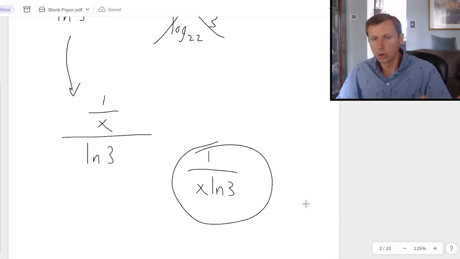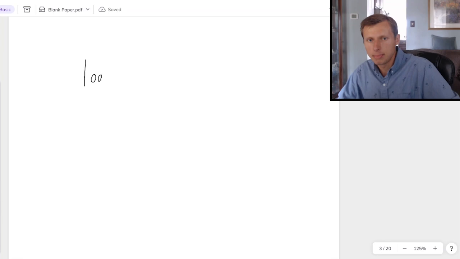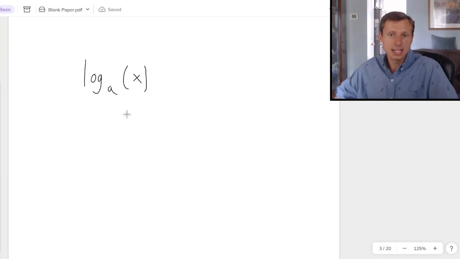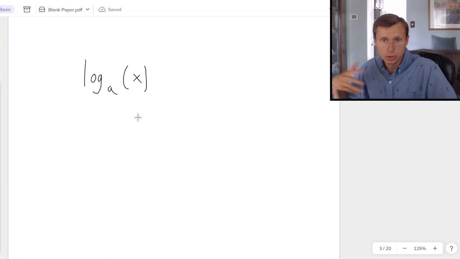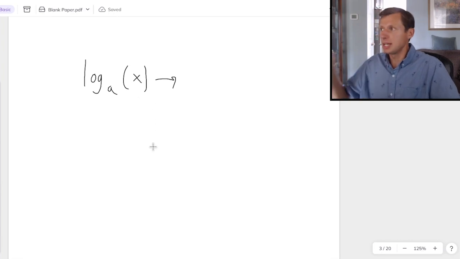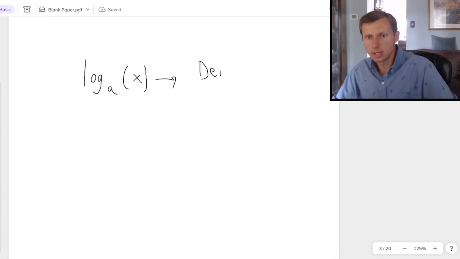Now again, that was the long way involving the change of base formula. The shortcut way that I'm going to tell you now, you don't need the change of base formula. You literally just need to remember if you have log base a of anything, where a is any constant, any number, 2, 3, 1 million, whatever, and assuming this x can also be anything like x squared plus 2x or whatever, then the derivative is going to be the derivative of the thing in the numerator.